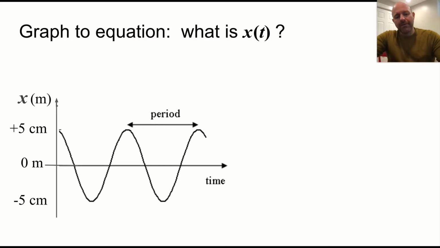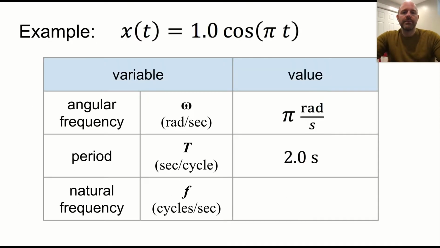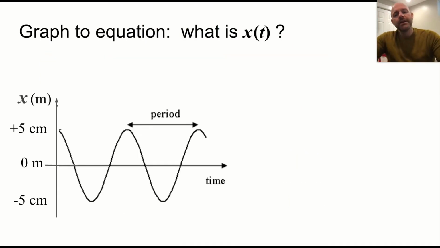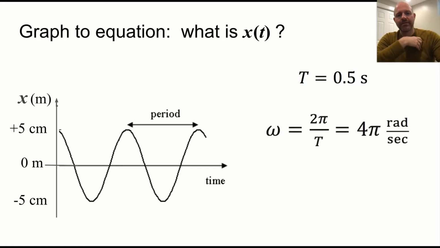So if we look at this graph, like before when we had an equation and made a graph, here we have a graph, can we get an equation? Well, sure. The period is the amount of time it takes to go from one peak to the next. So we would need to know that, and either it would be something we could read off the graph or have it given.